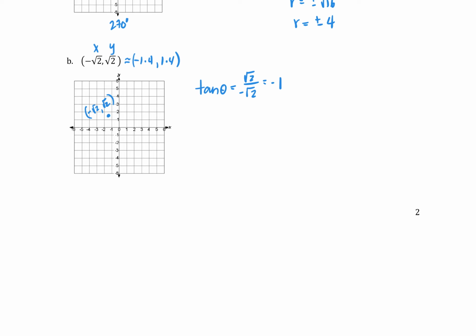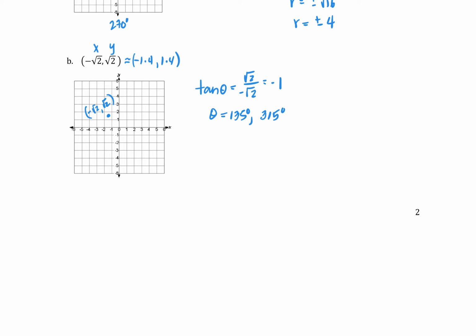In that case, you could look on your unit circle, and that would be at 3 pi over 4, or if you were looking in degrees, that would be 135 degrees. And then in quadrant 4, it would be 7 pi over 4 or 315 degrees. Again, just looking on the unit circle if you don't know.